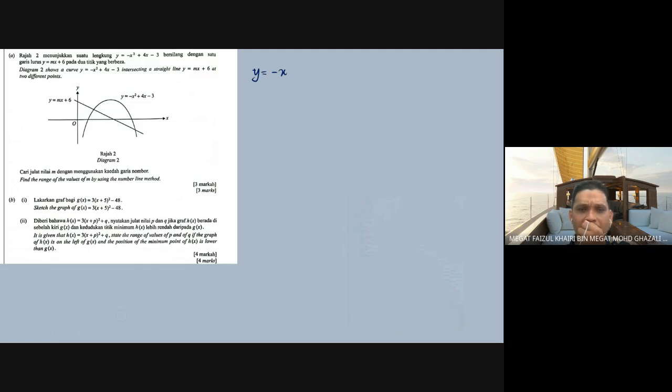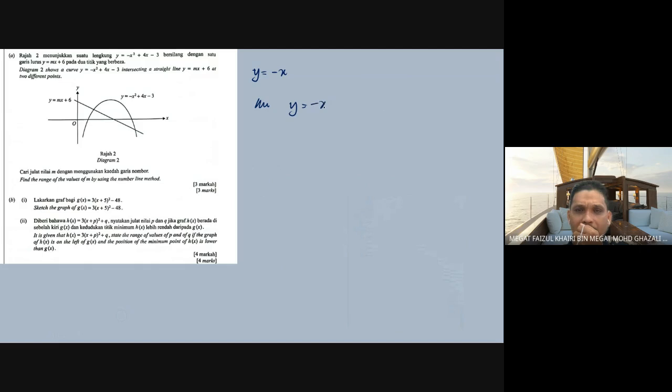Negative x squared plus 4x minus 3. Okay, can you see what I'm writing on the screen now?